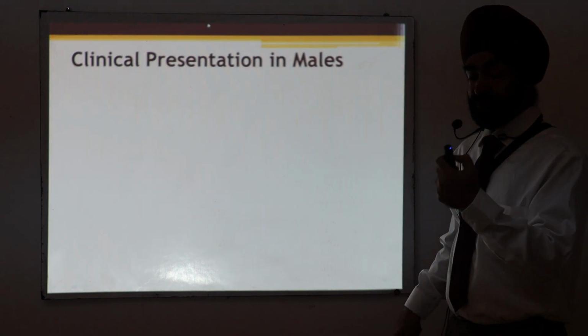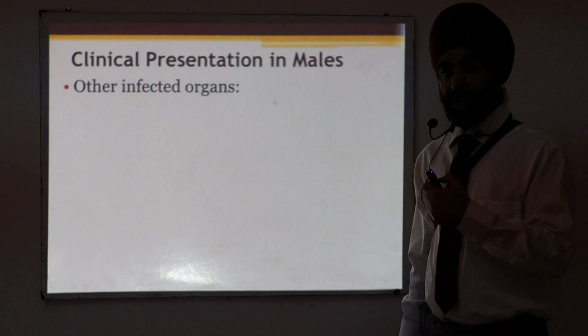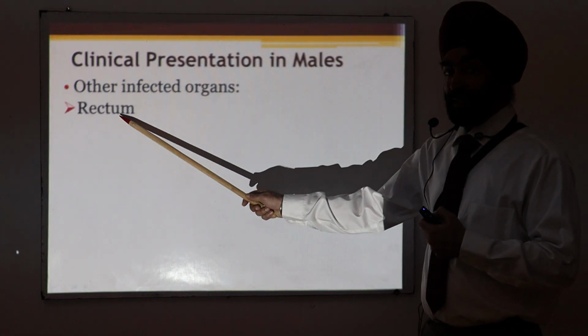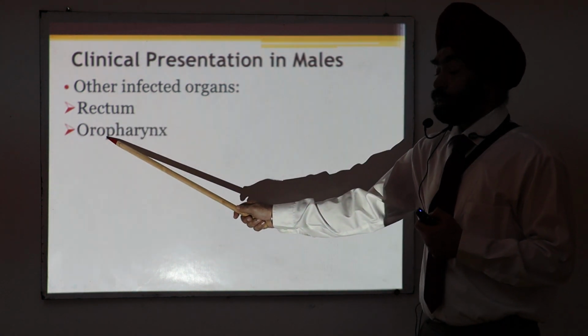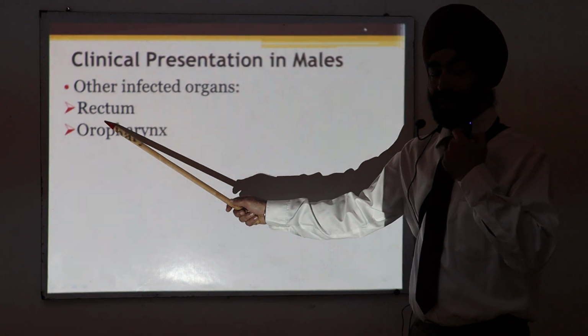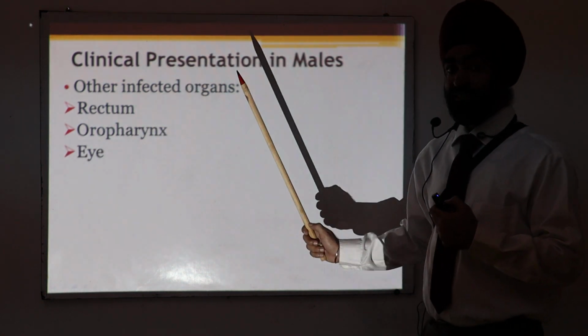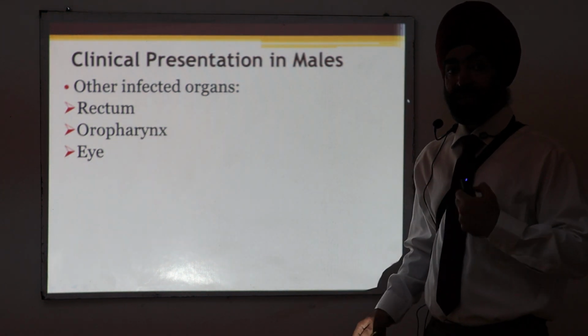Now, more features in males. I told you the urethra is the major organ, but not the only organ. Other organs can be involved, like the rectum, the oropharynx, oro meaning the mouth, and the pharynx, and then the eyes. How does the infection reach the eyes and pharynx from the genital region?